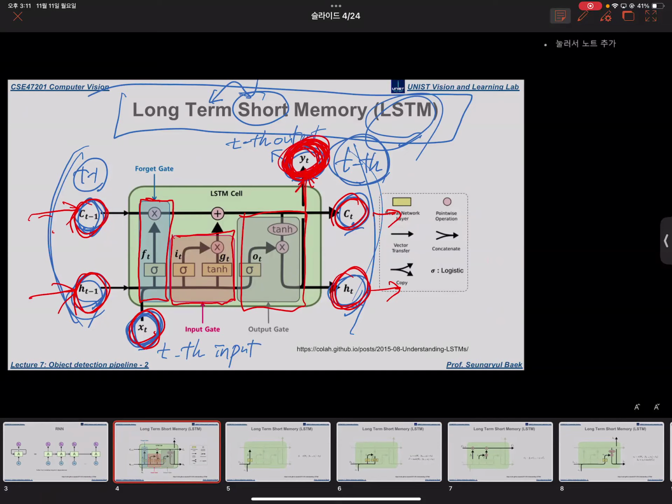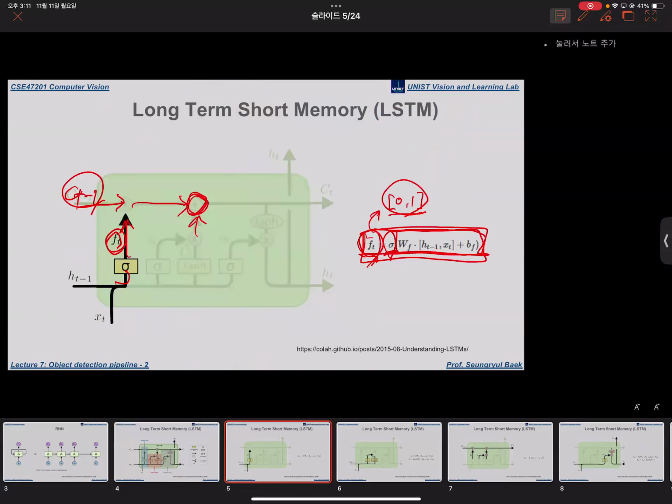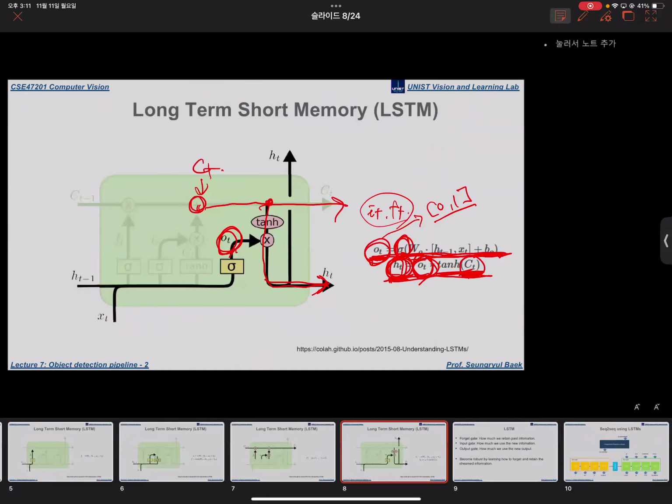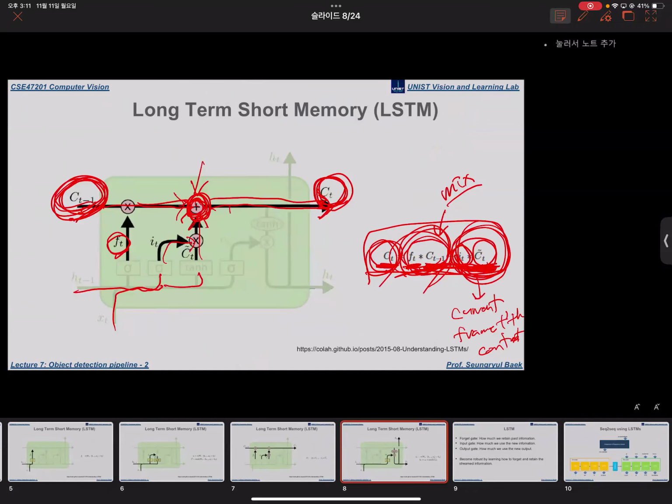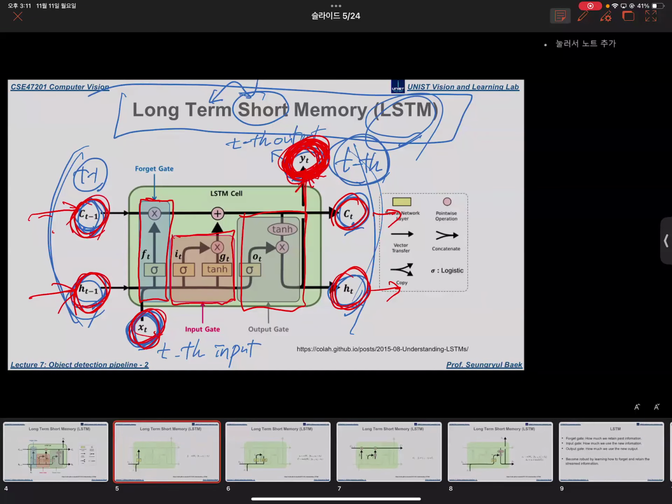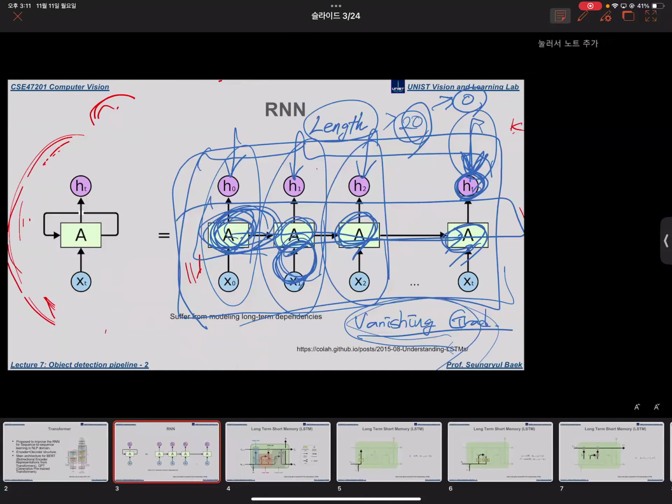For obtaining this, you combine the input with this h and C to output this y t. So this is actually what the LSTM is operating.